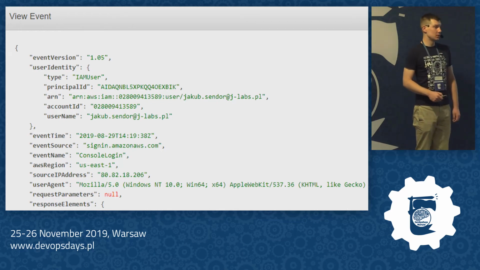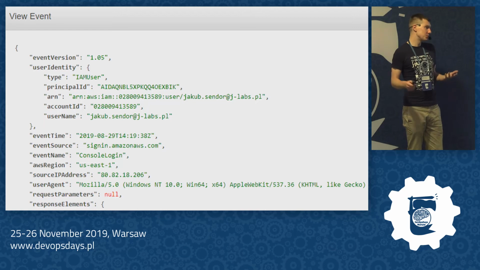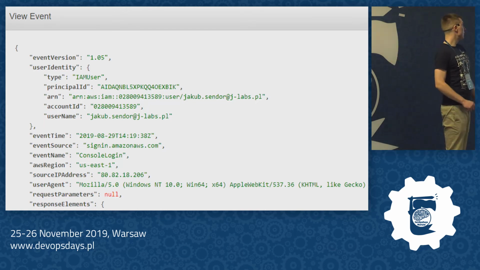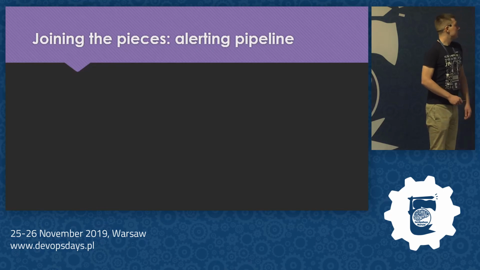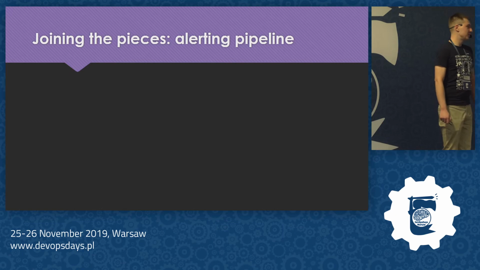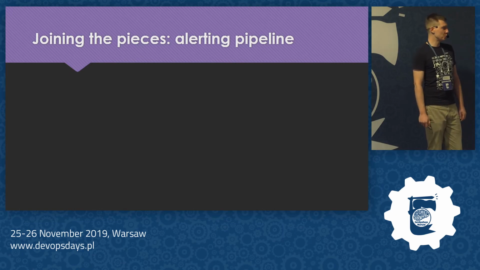So first of all, it is human readable, so to speak, but obviously it is also machine readable. And because it is machine readable, it makes sense to analyze it a little bit if you have such an opportunity.